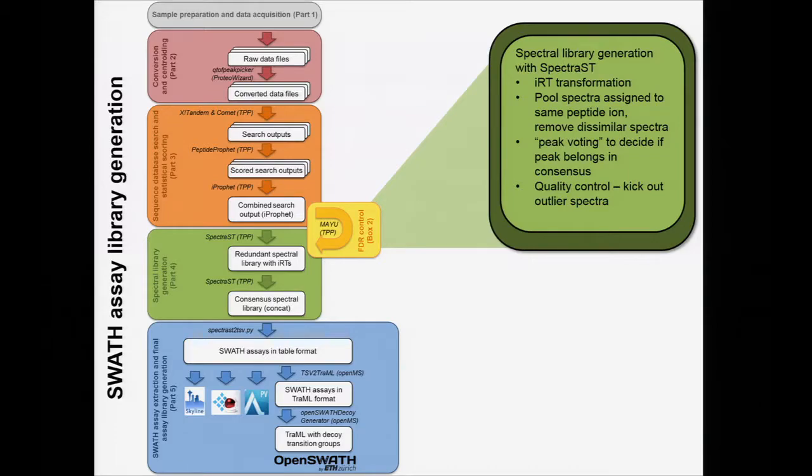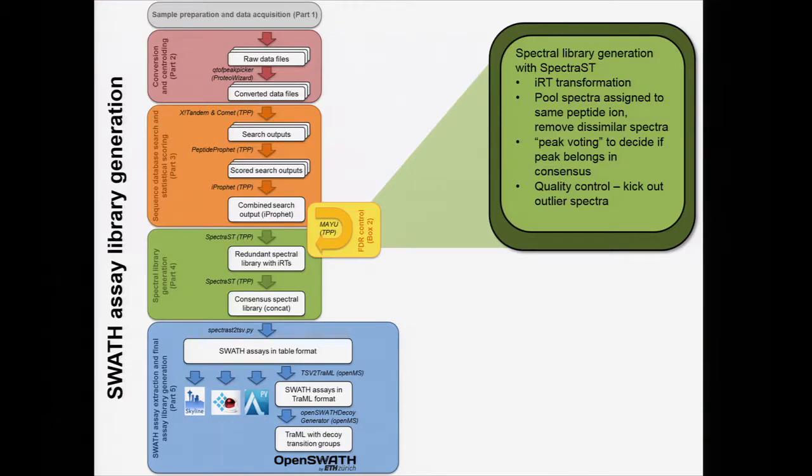This is one place where Skyline and our protocol behave in a slightly different way. In our protocol we use a tool called SpectraST from the TPP. Skyline uses a different spectral library tool called BiblioSpec from the MacCoss lab.